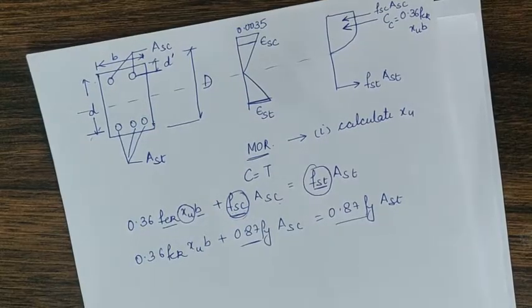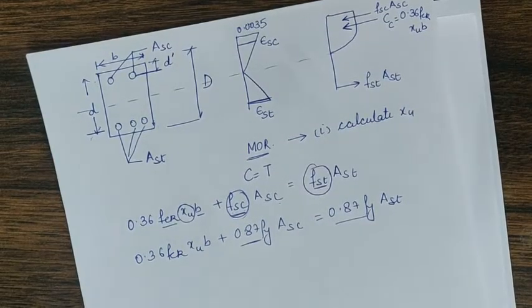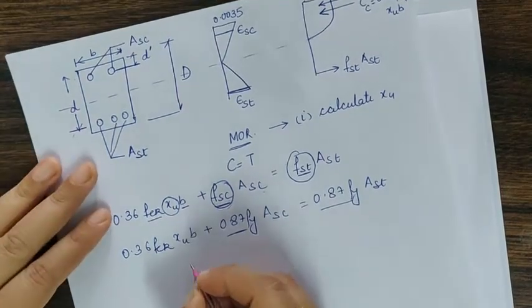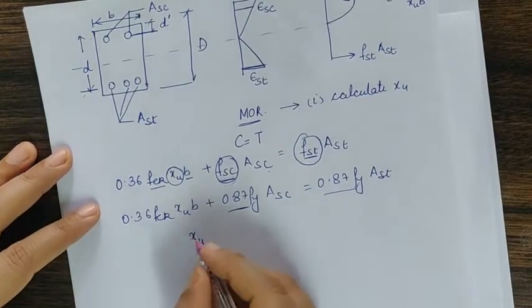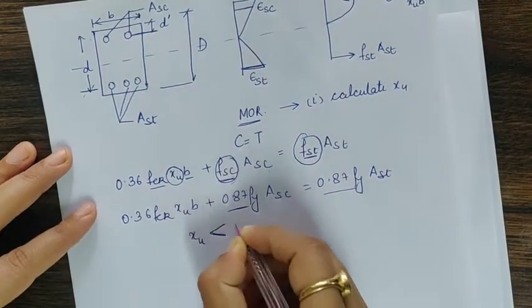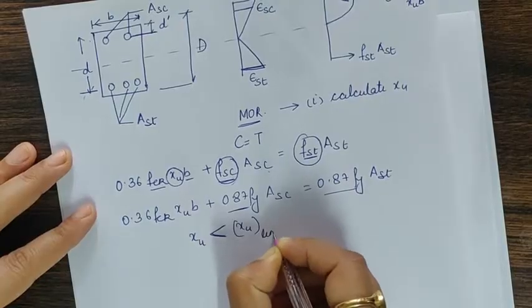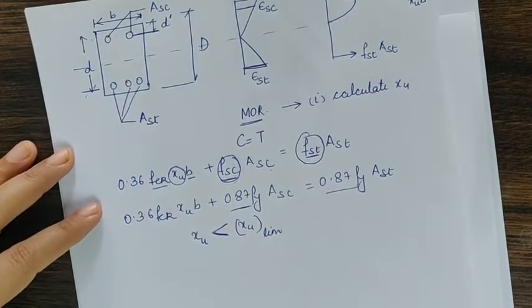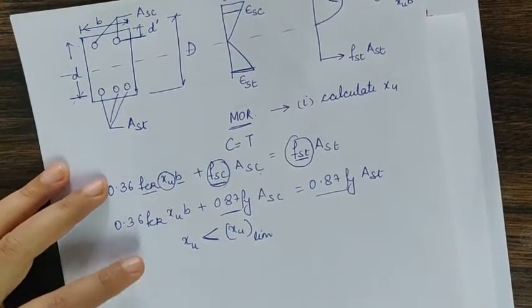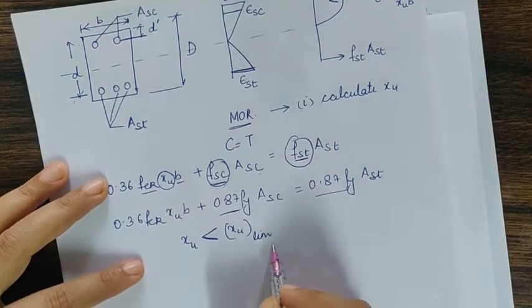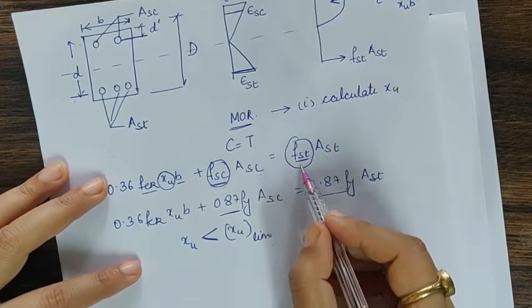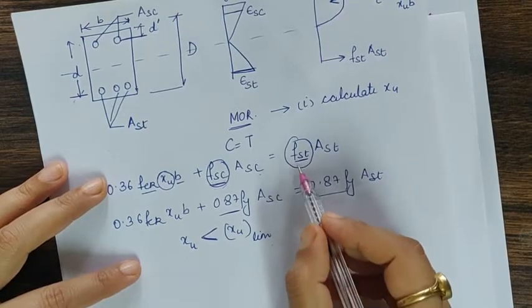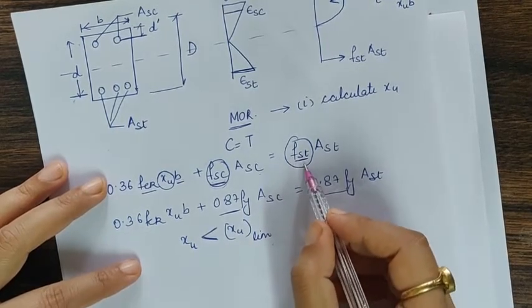Now once I have done this, I'll find out the value of XU. If my value of XU is less than XU limiting, it means it is an under reinforced section. If it is an under reinforced section, the tensile steel has already yielded, so the assumption that FST has yielded is correct.